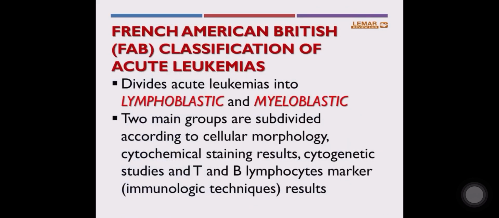FAB classification of acute leukemia, the first classification for acute leukemia divides acute leukemia into two. Number 1, the lymphoblastic, and number 2, the myeloblastic leukemia. The two main groups were divided according to morphology, cytochemistry, cytogenetic studies.